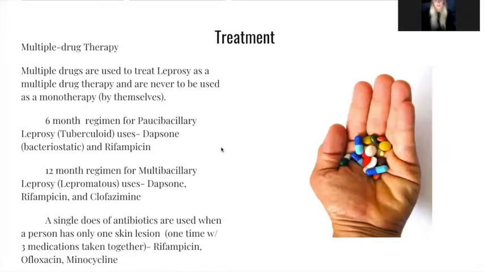And then this one is specifically just for those who have one skin lesion, and it's a single dose, and you use all 3 antibiotics at one time, and that's rifampicin, ofloxacin, and minocycline.